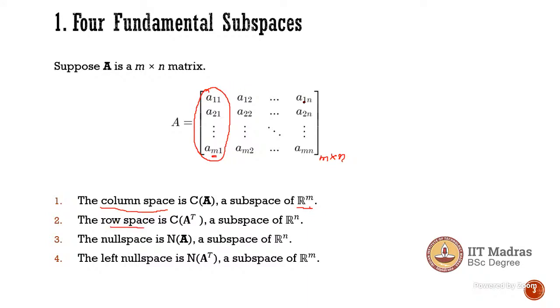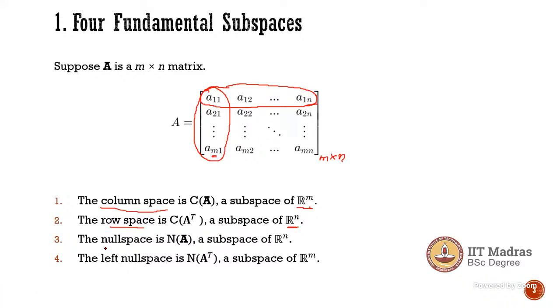The row space is the linear combination of all the row vectors. These row vectors should be independent of each other. Each row has n elements. Therefore, the row space is an n-dimensional subspace. So the linearly independent vectors span the row space.